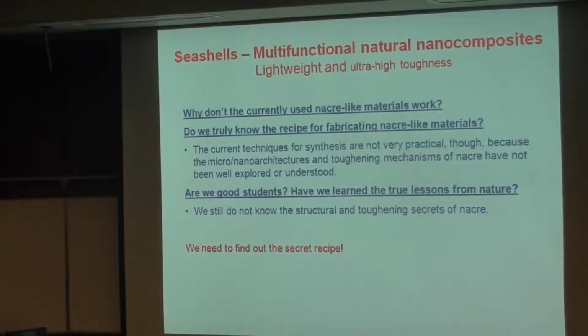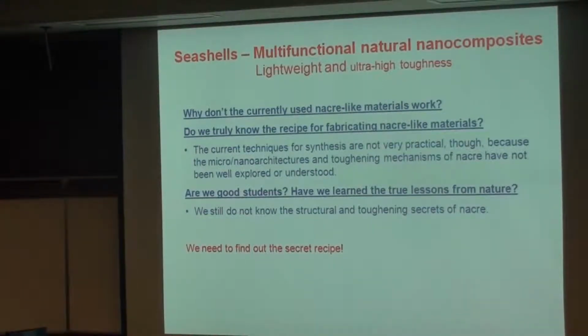We thought we knew the secret recipe, the brick-mortar structure. You find a brick material like alumina or silicon carbide to replicate aragonite platelets, and use a polymer or soft metal as biopolymer to assemble them together. But we could not achieve simultaneous increase in strength and toughness. And then I asked myself, am I a good student?